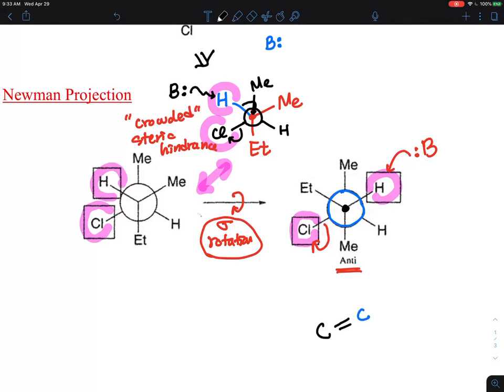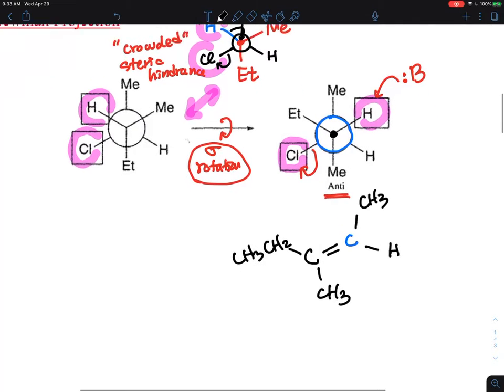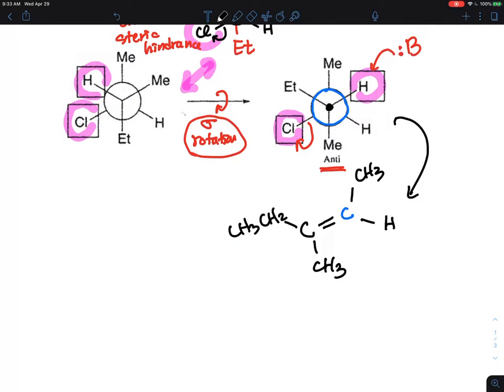And now you can see that methyl and ethyl are pointing in the same side, up. So I'm going to put methyl, oops, sorry, methyl, ethyl, CH3CH2. That's ethyl, and the methyl pointing at the bottom, and the hydrogen. So that's essentially the elimination product.